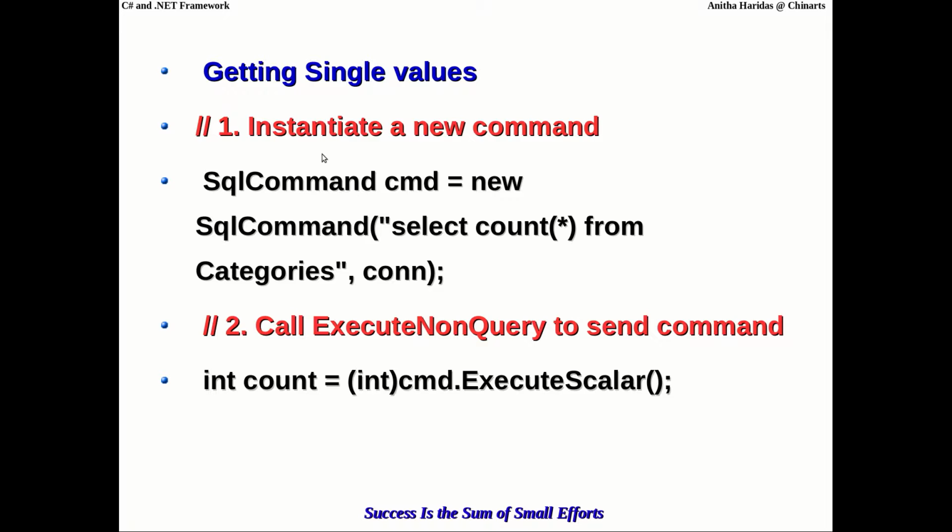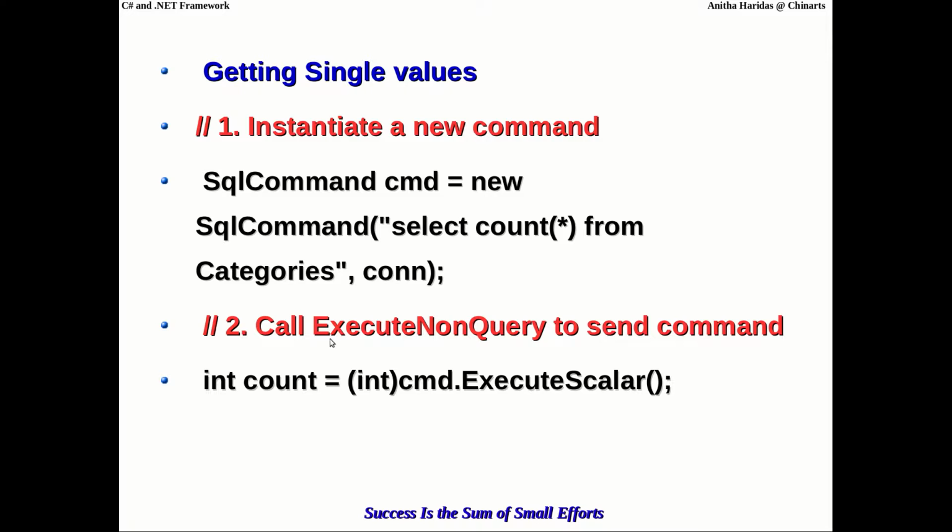So you instantiate a new command saying SQL command select count star from category. So this will return how many records there are in the categories table. Now this select command is not going to return a record set. Instead this is going to return a single value.